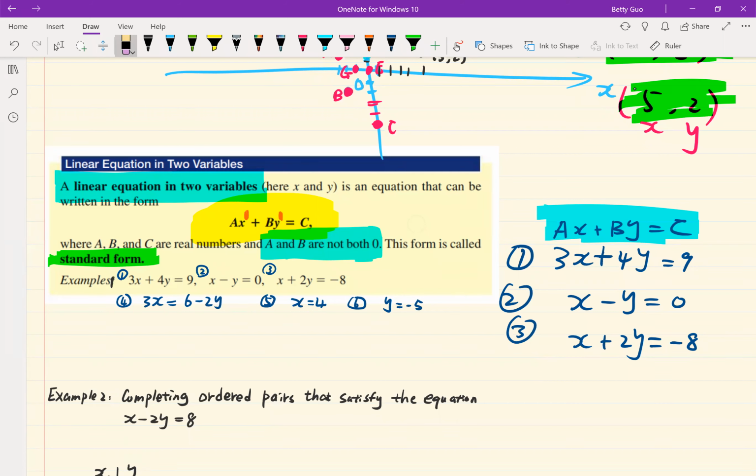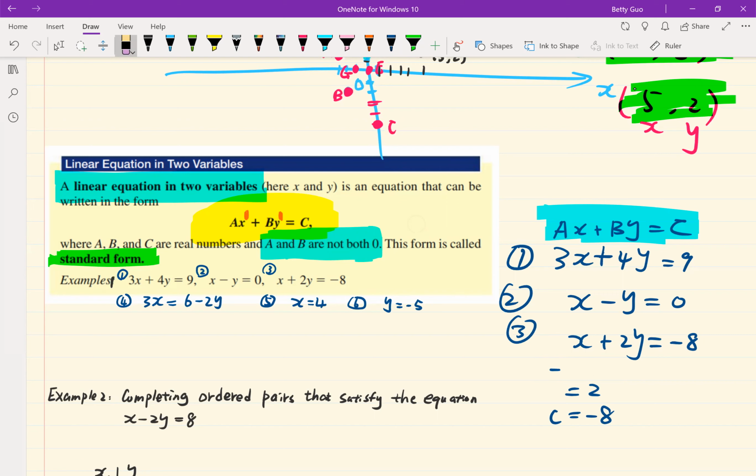And what is A, what is B, what is C? A is the coefficient of x, so it's 1. B is the coefficient of y, so it's 2. C is the constant on the right-hand side of the equation. It is negative 8.